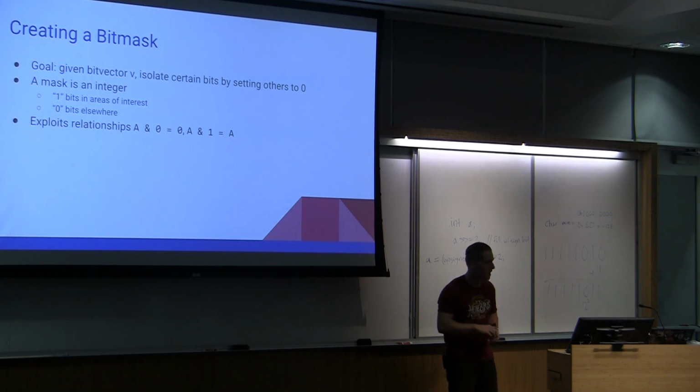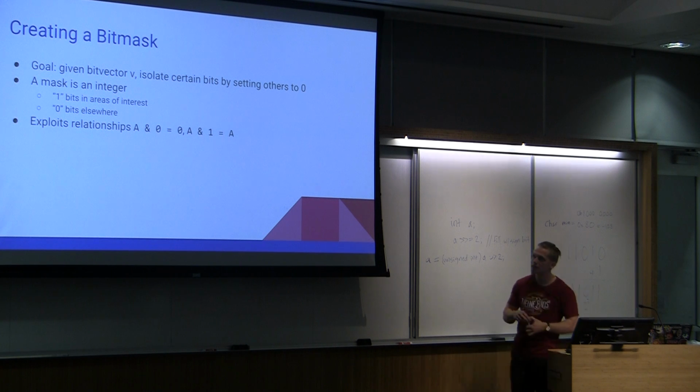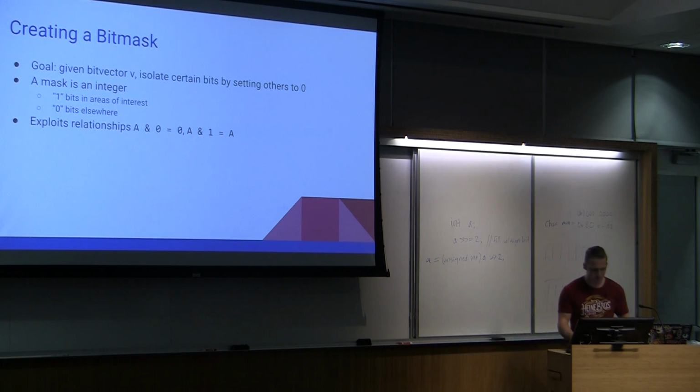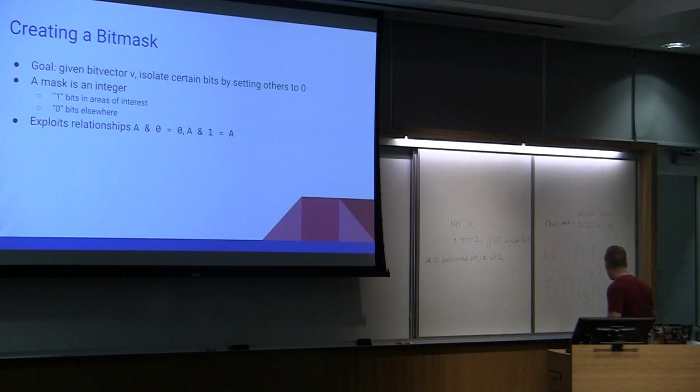So a mask is just an integer, and it's designed so that it has 1 bit everywhere that you want to preserve the original number that you're masking, and it has 0 bits everywhere else. The reason it works is, if I'm going to write a new bit pattern, I'll just use this one.